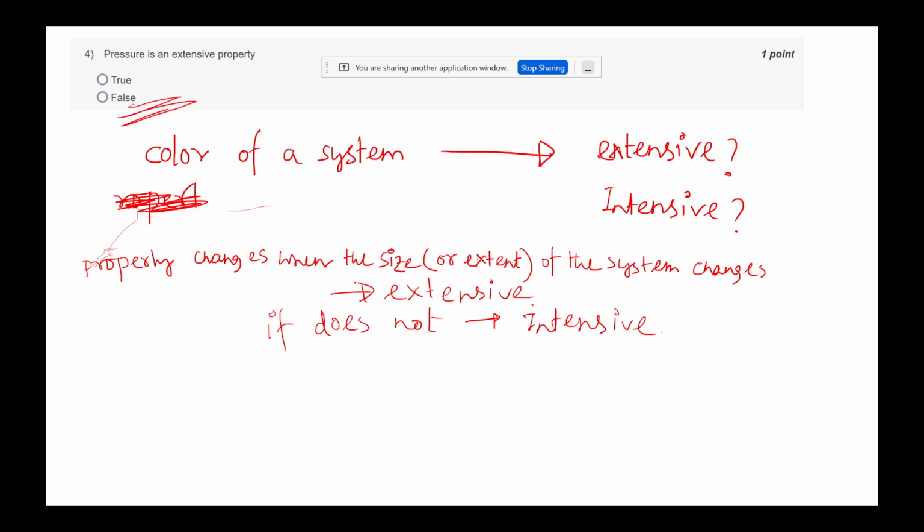So this statement is false, because there are x grams of molecules in volume v, and if you double it, there will be 2v volume and 2x amount of molecules. So the pressure will always be the same. So I will give some variables or observables, and you have to say whether it is extensive or intensive. Let's say temperature: intensive.